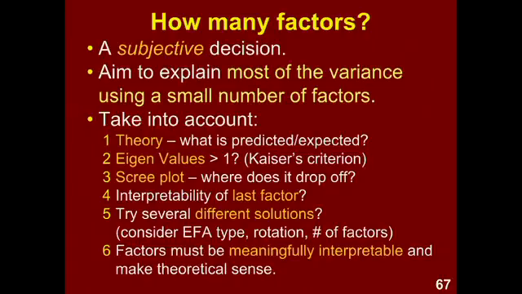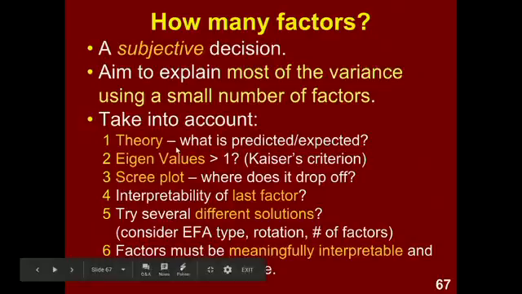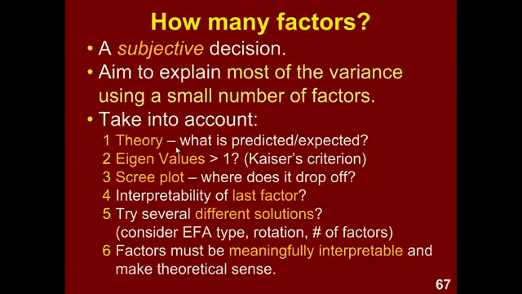Remember, the overall goal is you want to try and explain as much variance as possible, but we're not trying to explain 100%, because we're just trying to use a small number of factors. So, things to take into account. Can you go back to your lit review, to your theory? What did other people find? And therefore, what are you probably looking for?